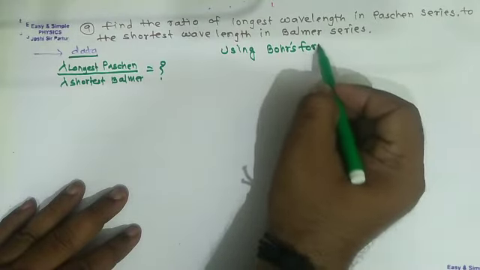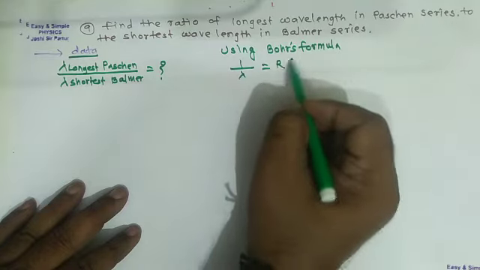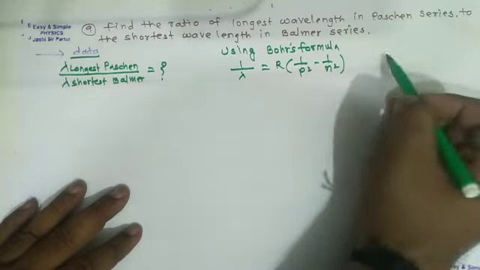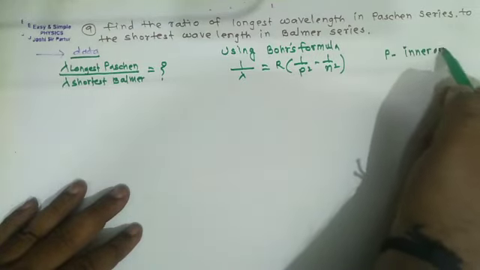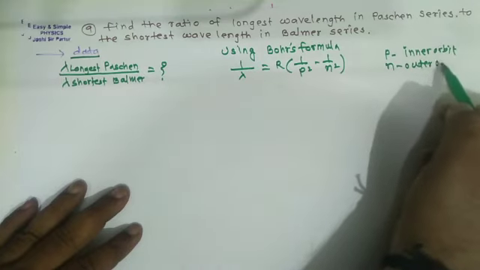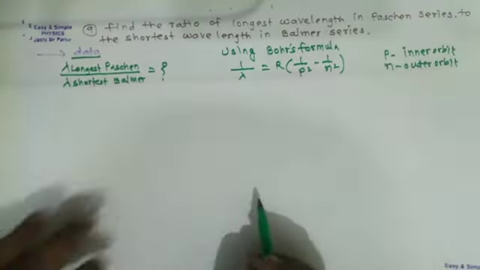So first, using Bohr's formula, 1 upon lambda equal to R in bracket 1 upon p square minus 1 upon n square, where p is the inner orbit and n is the outer orbit. First of all, we can see the Paschen series.